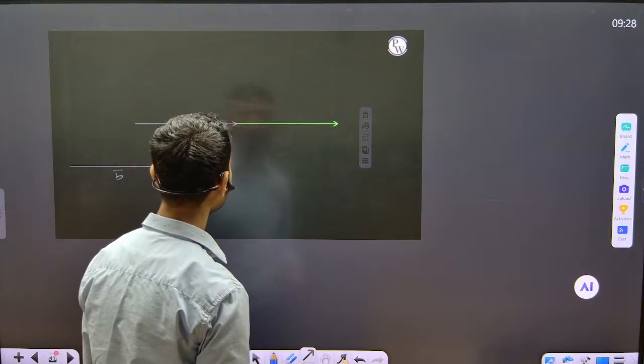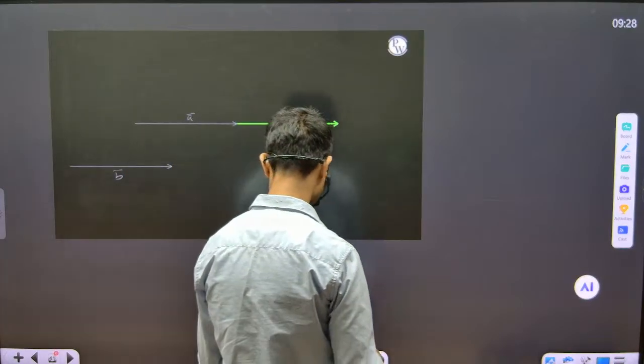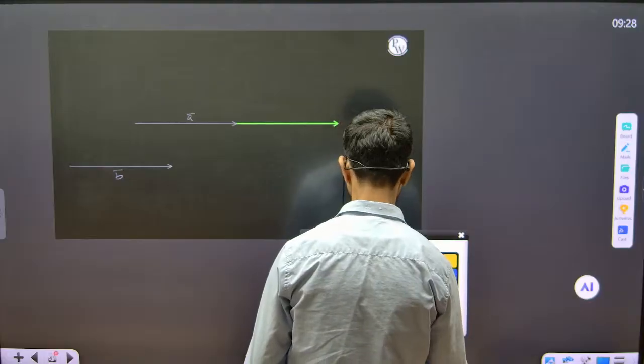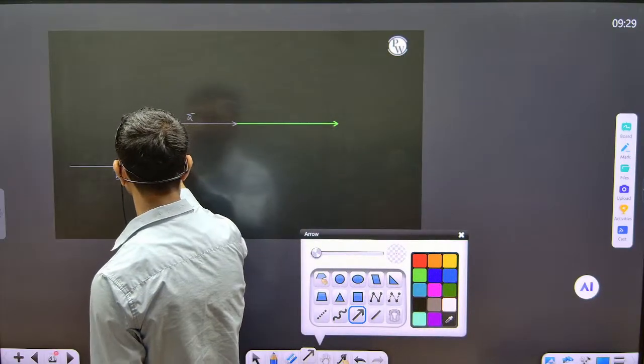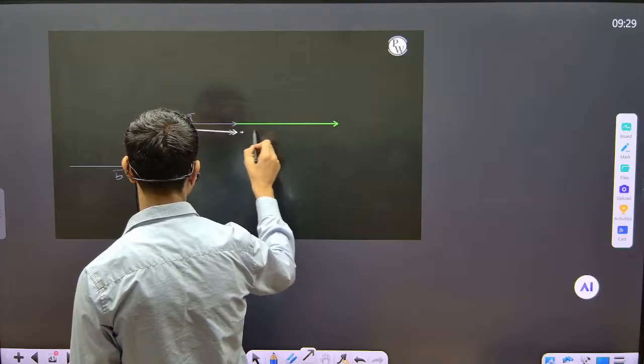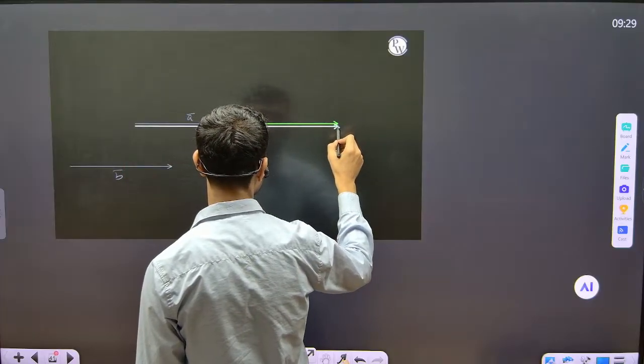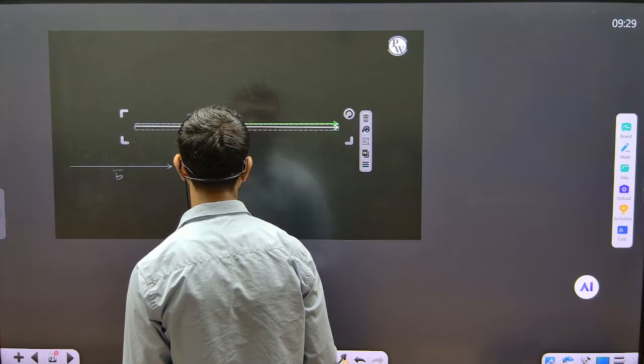And the resultant is obtained by joining the remaining tail to the remaining head, like this. Right?